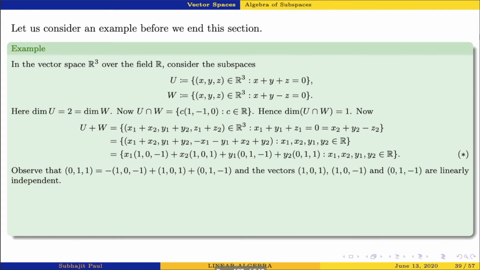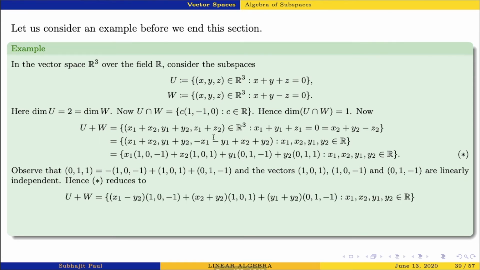And these vectors we have written here, (1, 0, minus 1), (1, 0, 1) and (0, 1, minus 1), are linearly independent. So therefore star, this relation, reduces to, with just a regrouping according to this relation, x1 minus x2 times the vector (1, 0, minus 1), x2 plus y2 times the vector (1, 0, 1), and y1 plus y2 times the vector (0, 1, minus 1), where x1, x2, y1, y2 are varying over R. These are basically dummy variables.